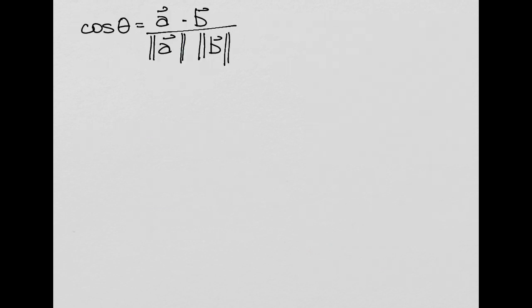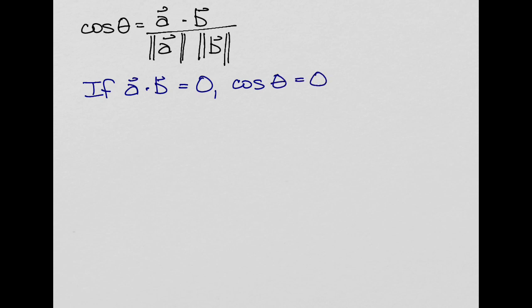Look what else we can figure out from this. If the dot product is 0, so if A dot B is 0, then the entire fraction here is 0, which means cosine theta is 0.